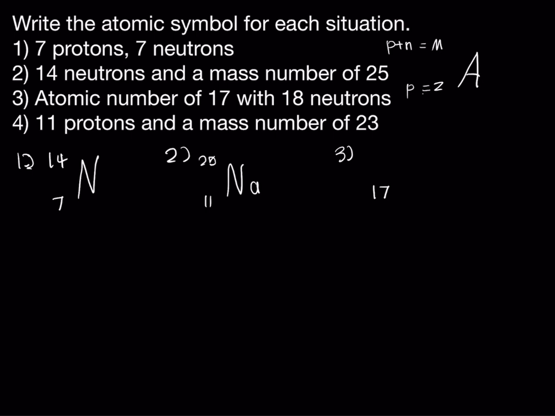The number of neutrons is 18, and in order to find the mass, we need to add that to the number of protons. So 17 plus 18 is going to be 35. And the element with 17 protons is going to be chlorine. So this is chlorine 35.